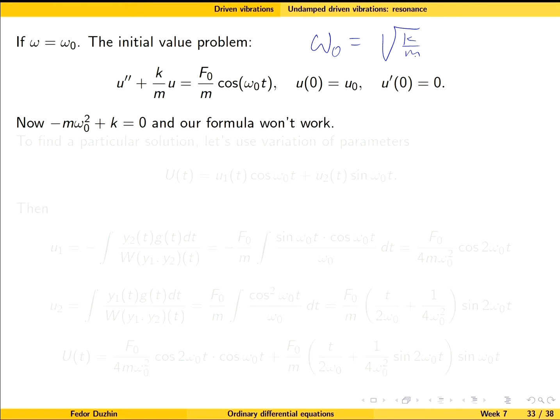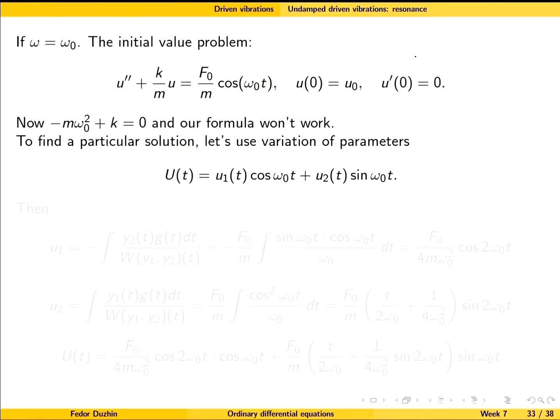Then the formula that we derived in the previous part doesn't work. So we're going to go through variation of parameters one more time and see how we can use it to derive a particular solution.